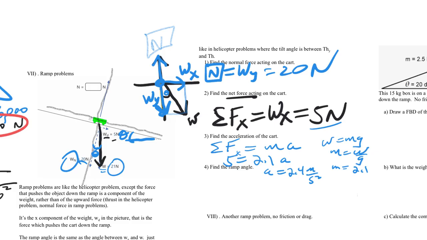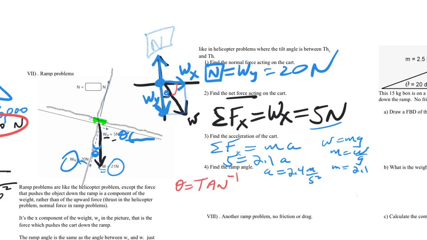Okay, find the ramp angle. Find that angle right there. Again, this is weird because the angle is from the y-axis, so I have to invert what I'm used to with angles from the x-axis.